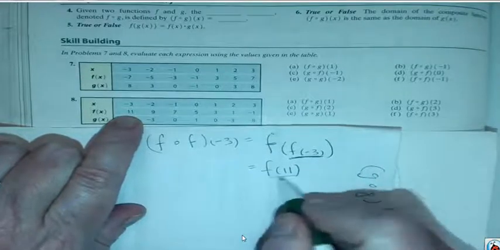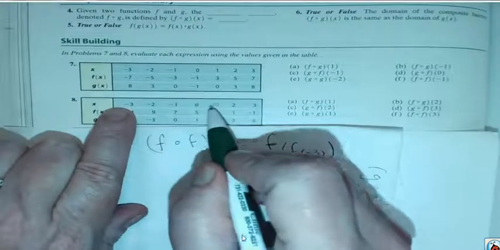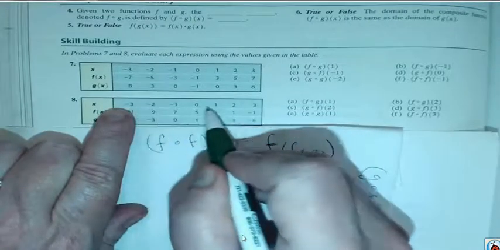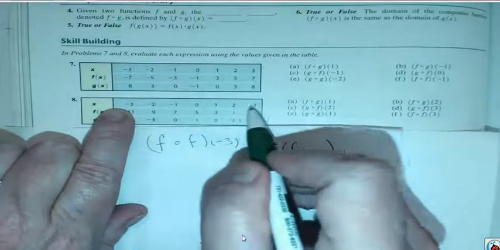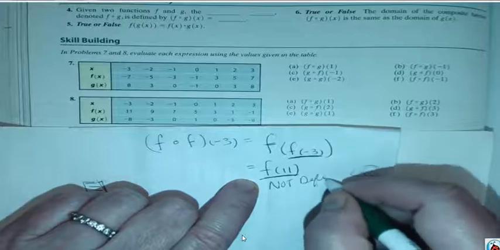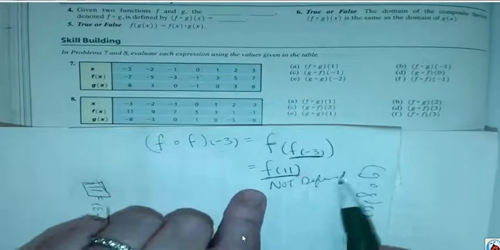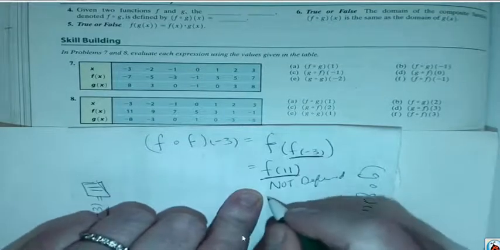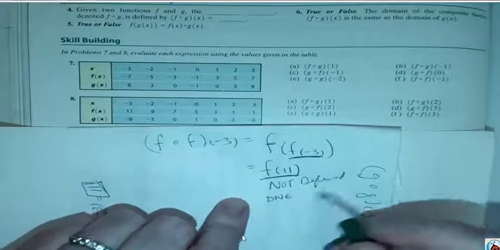But now, what is f of 11? Oops, 11's not in the domain. The domain is the top row, the set of allowable x values. So f of 11 is not defined. If you got one like this, the multiple choice answer would be D, or E, does not exist, or not defined, either one of those.